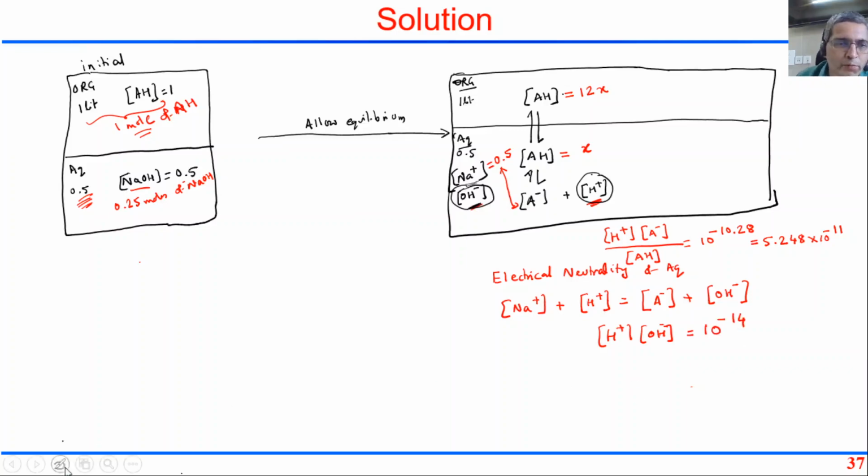This is what we will have to invoke. Okay. So now suppose I say this A minus is equal to Y. If concentration of A minus ion in the aqueous phase is say Y, then what can I say?